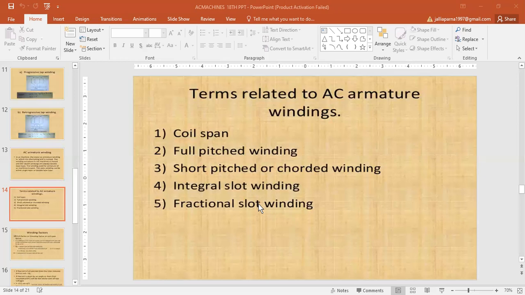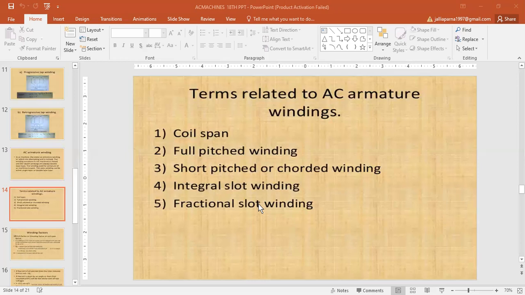Pitch factor and distribution factor. Pitch factor, or coil span factor, is defined as the ratio of resultant EMF Er when the coil is short pitched to the resultant EMF when the coil is full pitched.